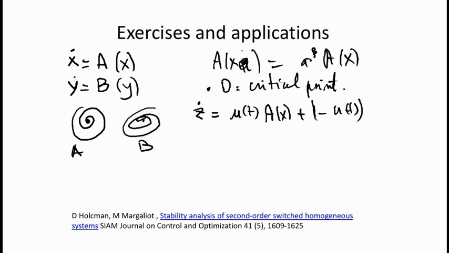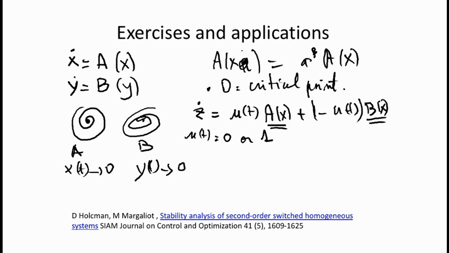So u of t equals 0 or 1, but let's say not any intermediate value. So you select A or you select B. And the question is, if for both cases, if you stay on A, all trajectories go to 0. And the same for B.